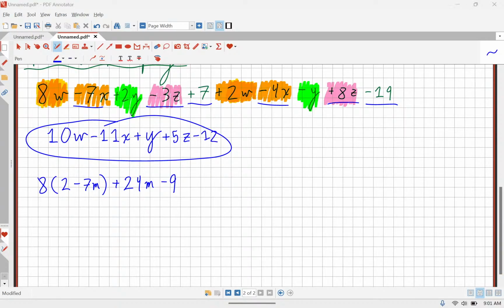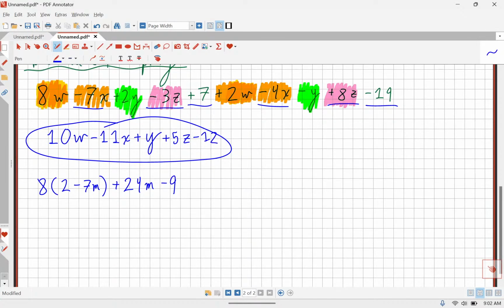So, now I've got a lot going on here, right? A lot of people are like, well, wait a minute, what do I do? Do I put the 7m in here first? What do I do to mash this together? What do you guys think we need to do first? When I say teach, I want you to say, okay, what would you suspect the first step here is to make this look a little more familiar? Let's see what you guys can come up with at your tables, and we'll talk together in about a minute. Teach, teach!